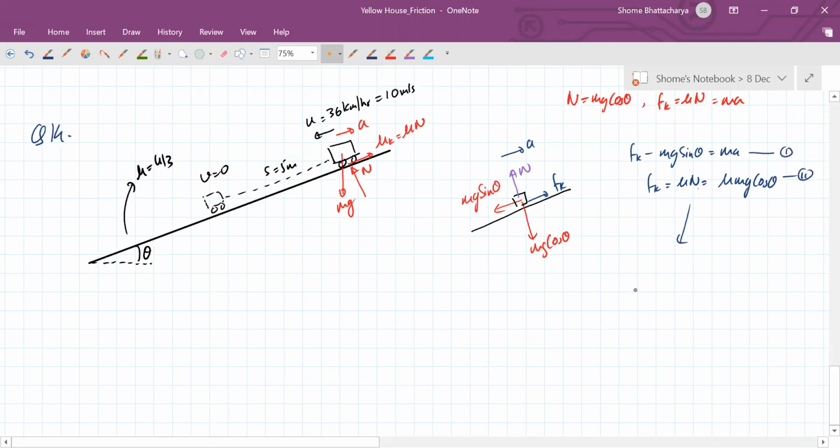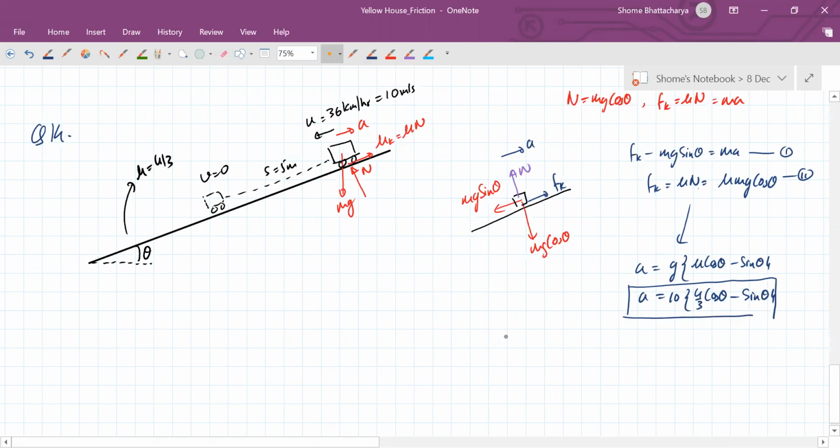So now you solve this. So you'll get the acceleration, the deceleration, as g into mu cos theta minus sin theta, or that is 10 into 4 by 3 cos theta minus sin theta. This will be the deceleration.